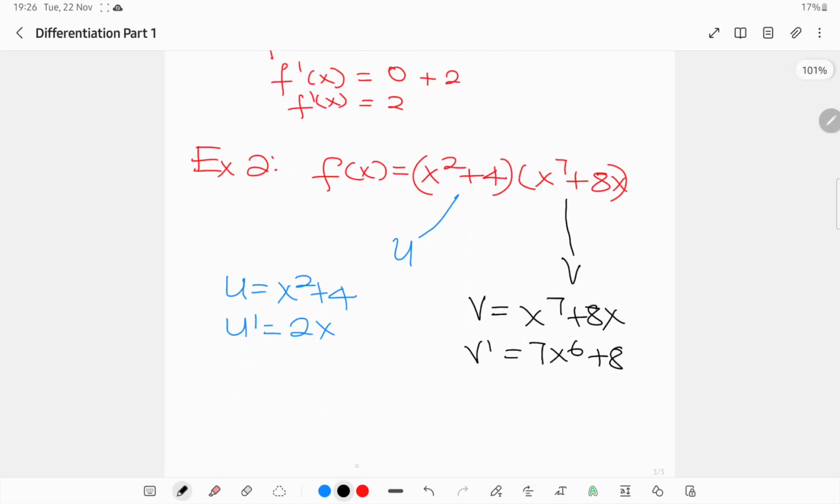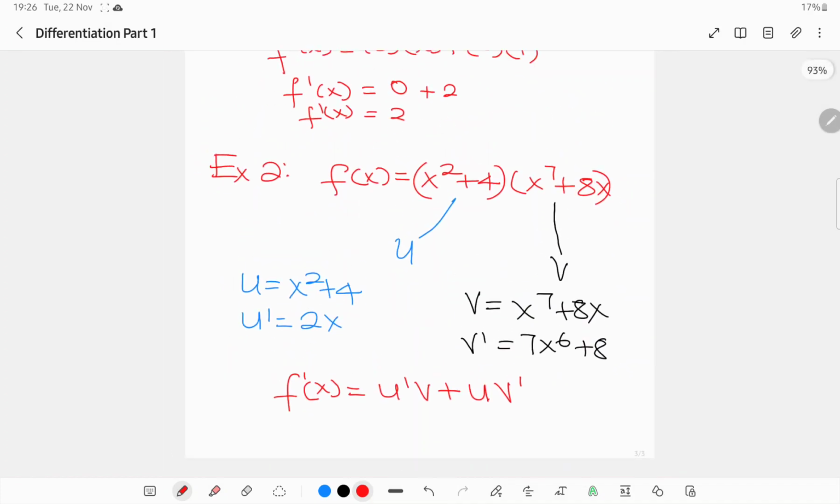So what do we need to do? We need to apply our formula for the product rule, which says that f prime of x is equal to u prime multiplied by v plus u multiplied by v prime.